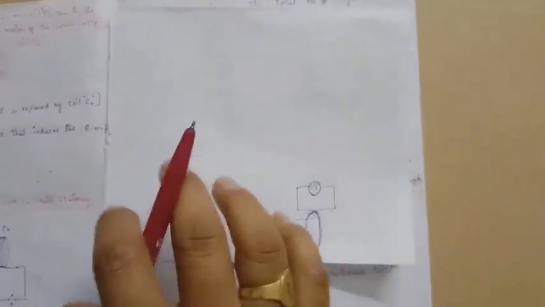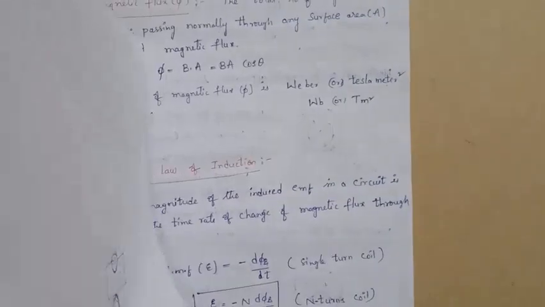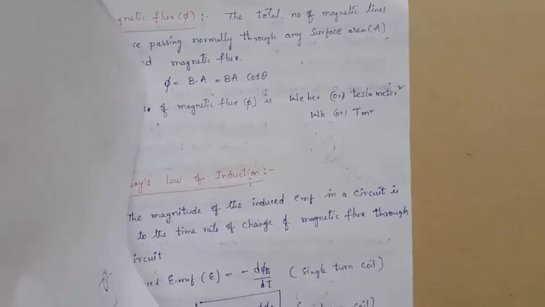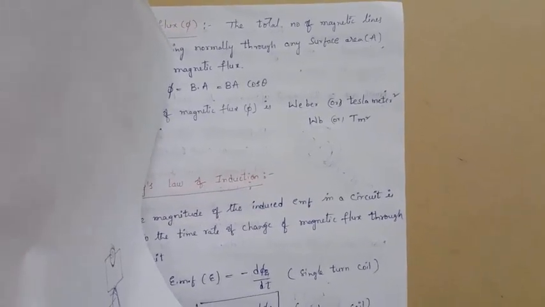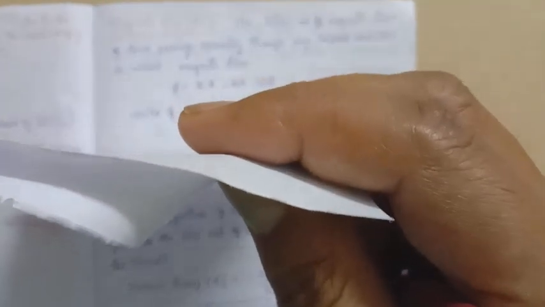Suppose the magnetic lines of force pass along this direction. This is the plane you take, and the magnetic lines of force passing through it give the total magnetic flux. If the plane is parallel to the lines, no magnetic lines of force pass through this unit area.